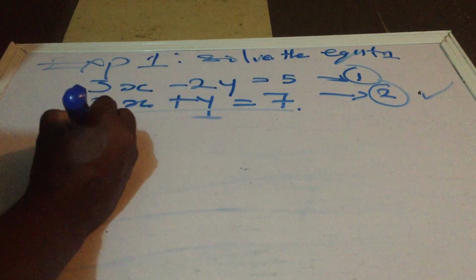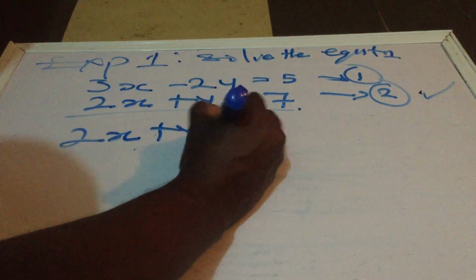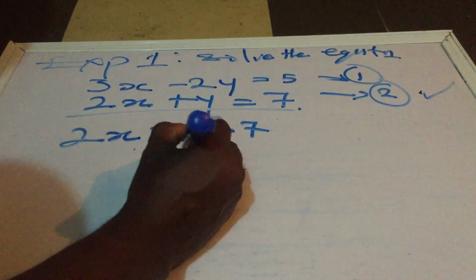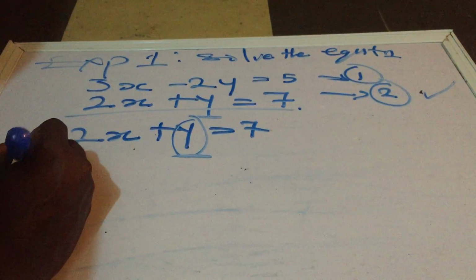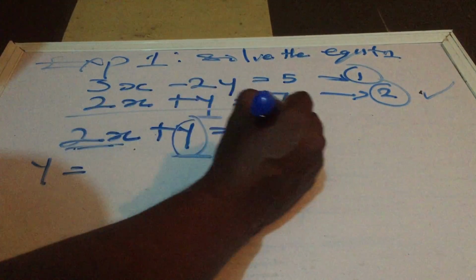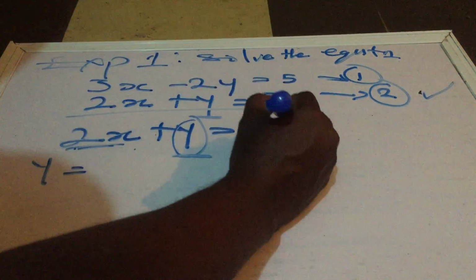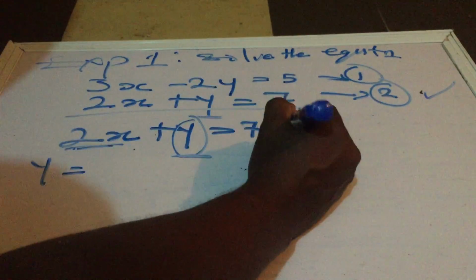Now, 2x plus y is equal to 7. What next? I want to get this y out of it. So y is equal to, then I'll carry this 2x to the other side. When I carry a positive across the equals sign, it turns to negative.